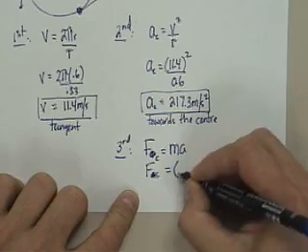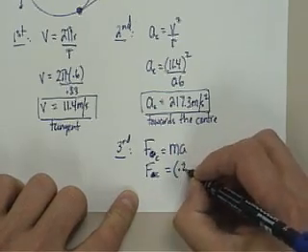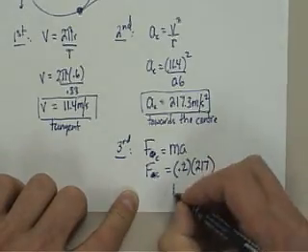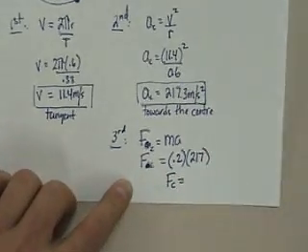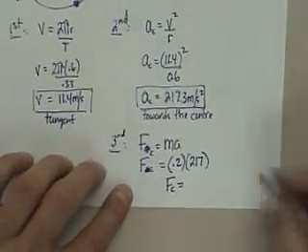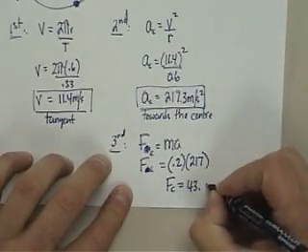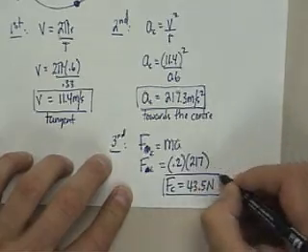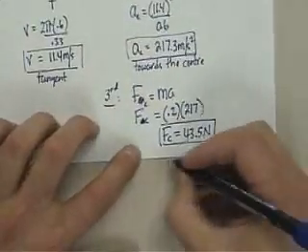Force towards the center is going to be your mass. It's 200 grams, so that's 0.2 kilograms. Acceleration I just found, 217. So my FC ends up being whatever that multiplies out to, 43.5 newtons. That's the tension that you would feel on the rope, or that would be the force towards the center.